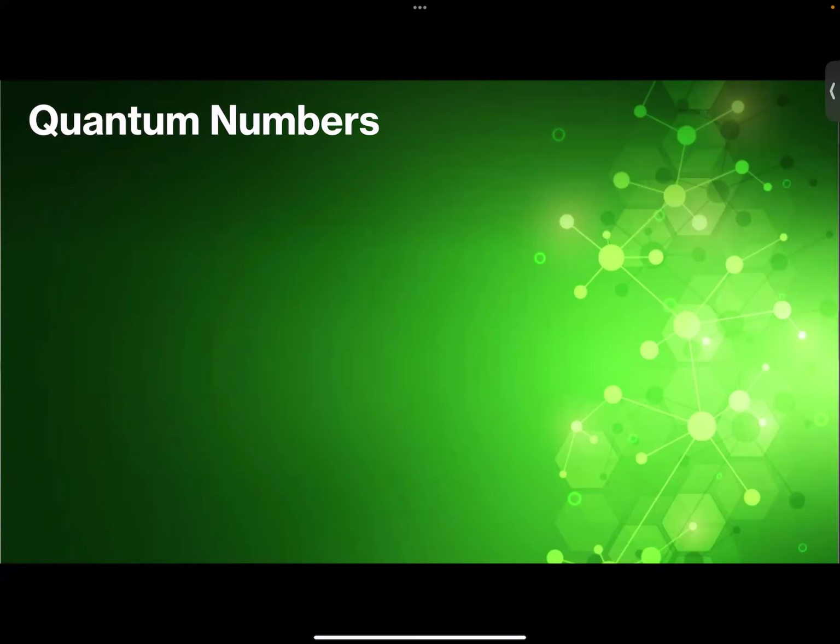Then on Tuesday, we're going to start applying the theory when we start dealing with electron configurations. So you got to be a little bit patient because there's a lot of theory that's going to go into the electron configurations.